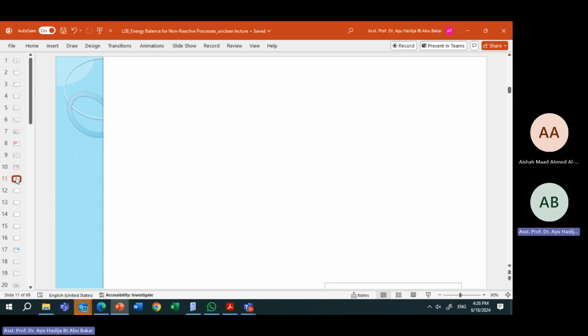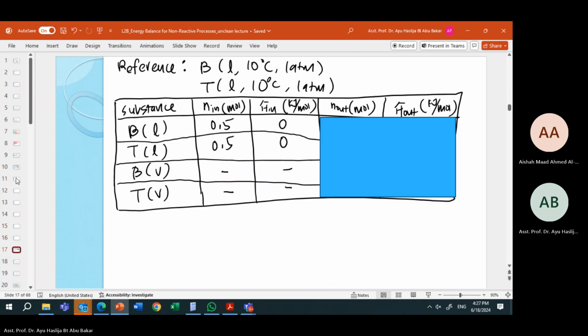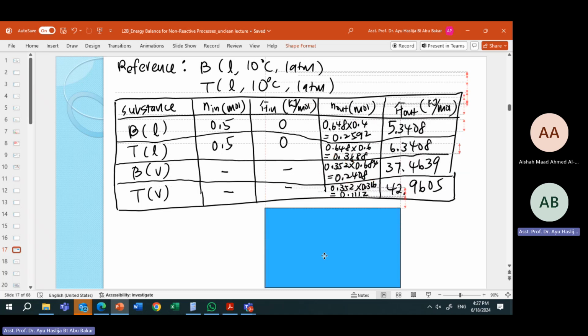H2, same thing. Okay, I give you the final answer only because I need to proceed to the psychrometric chart. Can I? I give you the final answer. H2 and H4, similar step.